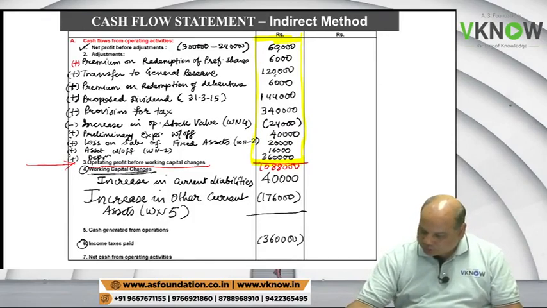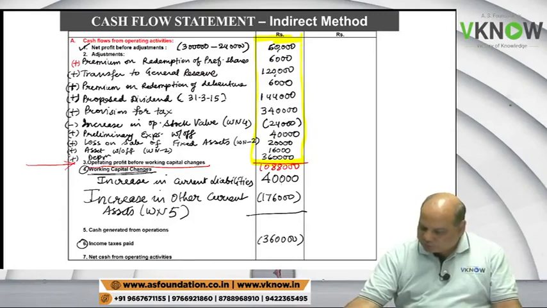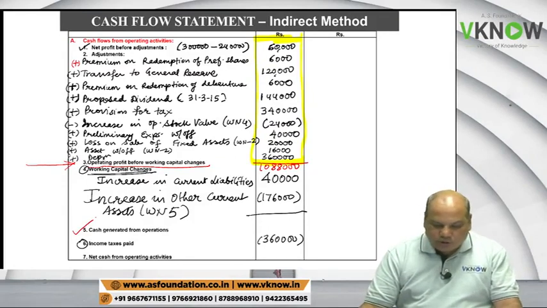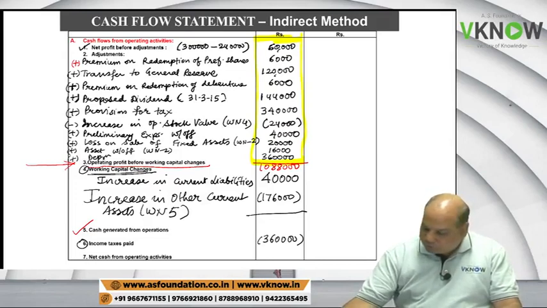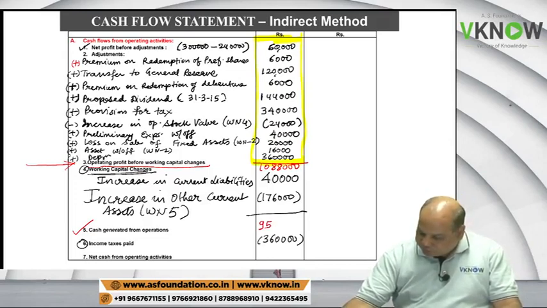Right, 10,88,000 plus 40,000 minus 1,76,000 will give you cash generated from operation. Cash generated from operation will be 9,52,000.